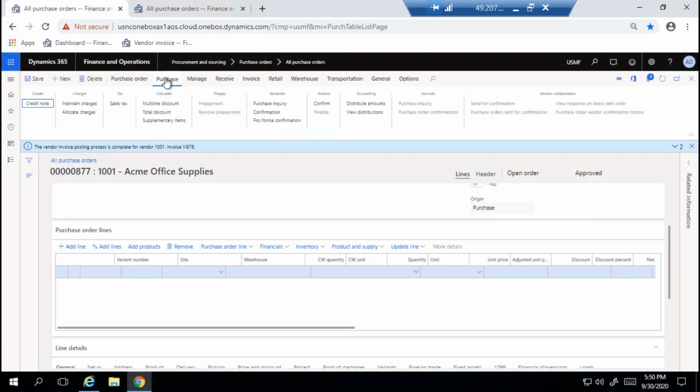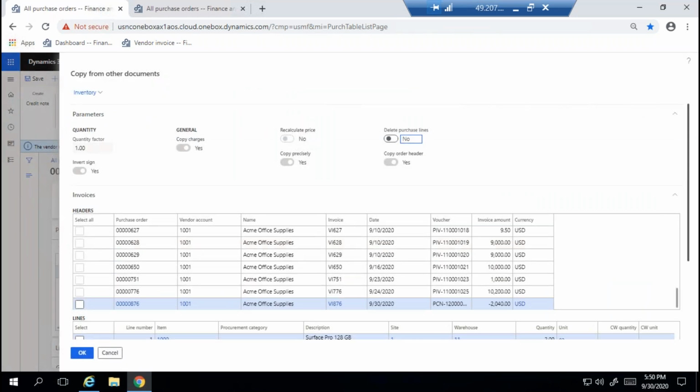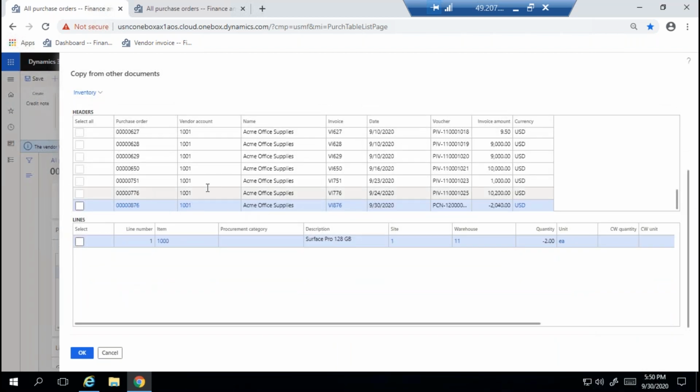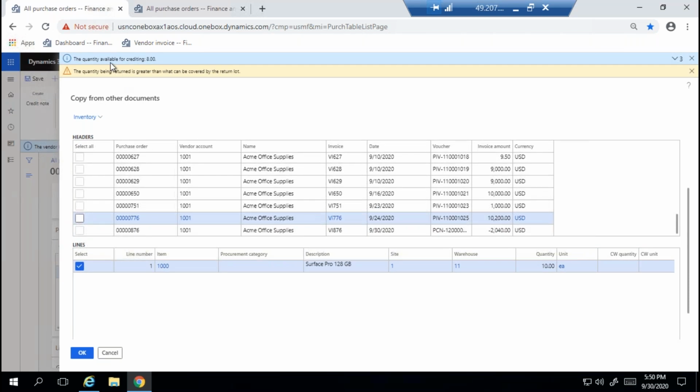Here there are two options. One is you can click on credit note. If you click on credit note, it will show whatever is already invoiced. Look at this one. If I try to select this one, it will throw a message. It's not an error message, it is a warning message.